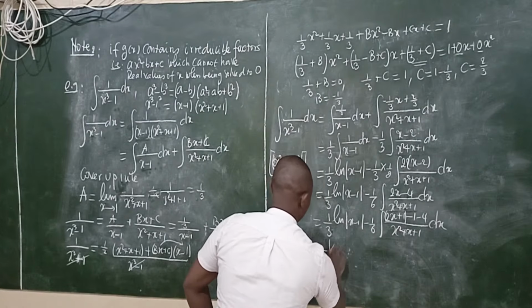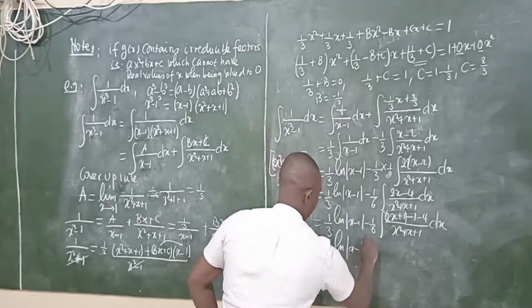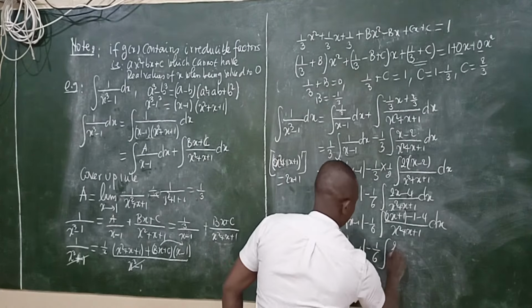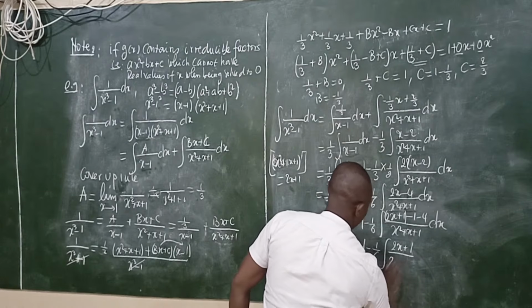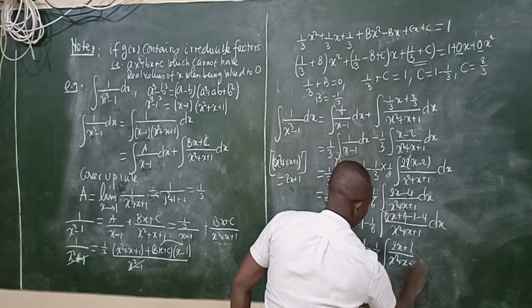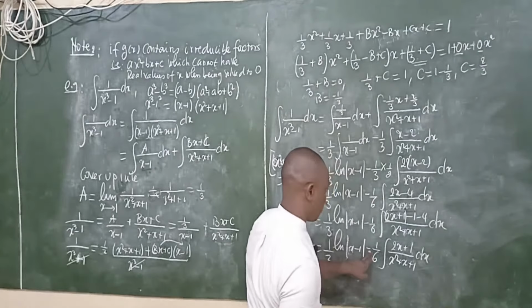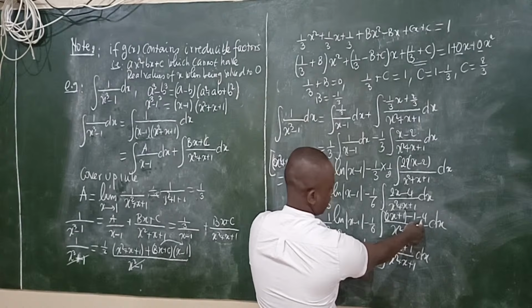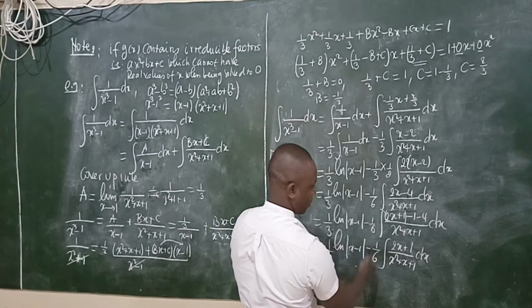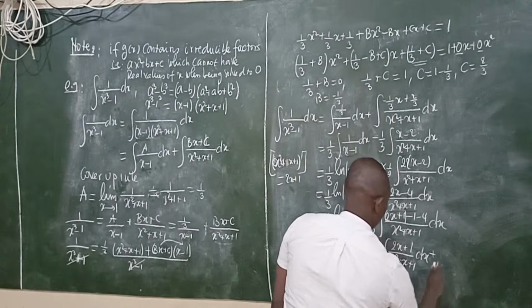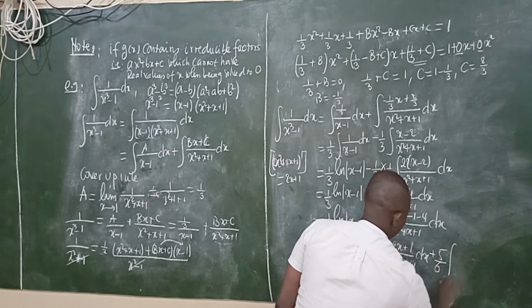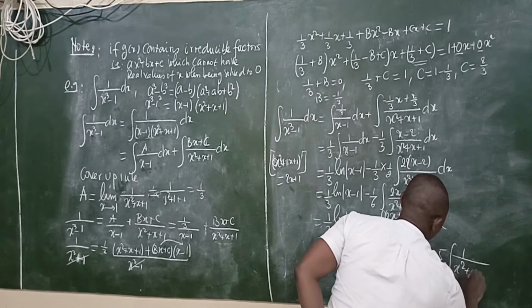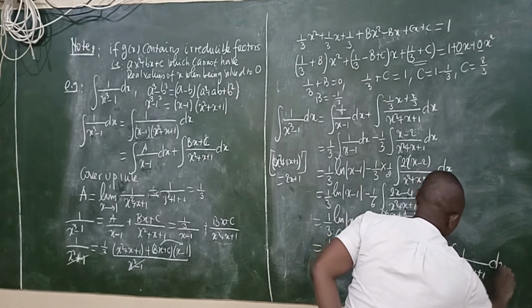This is 1 over 3 times the natural log of x minus 1 minus 1 over 6 into 2x plus 1 by x squared plus x plus 1 dx. This minus 6, you see here, will be minus 1 minus 4, that is minus 5. We'll be multiplying here to be positive, plus 5 over 6 times the integral of the reciprocal of x squared plus x plus 1 dx.